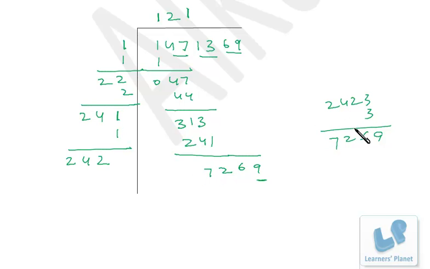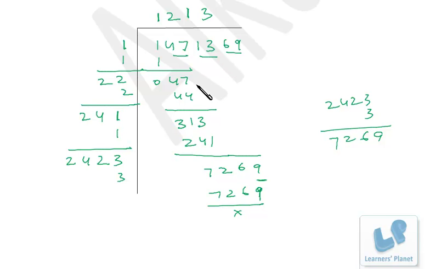So 2 4 2 3 into 3. Okay, so that's 7 2 6 9. So square root of 1471369 is what? 1213, or we can say 1213 square is 1471369, right? So the method of long division is very easy, friends. Okay, and I am sure you are clear with the method.